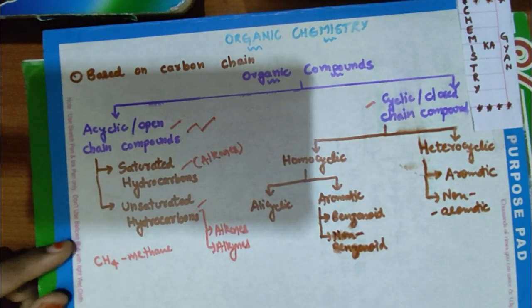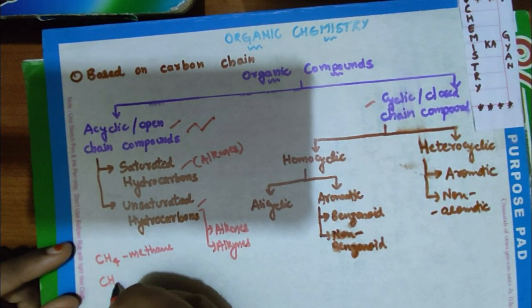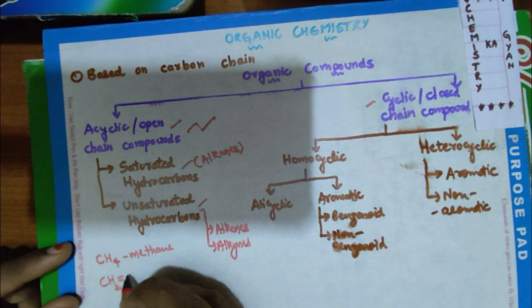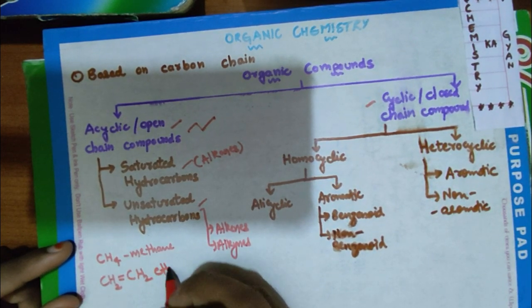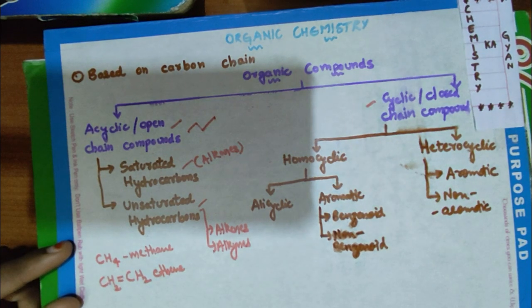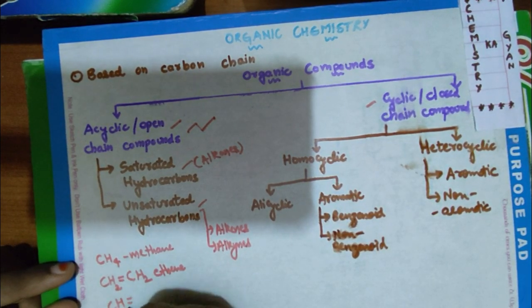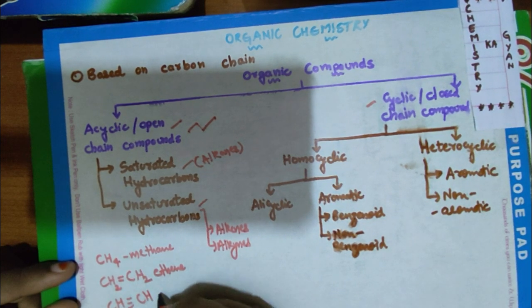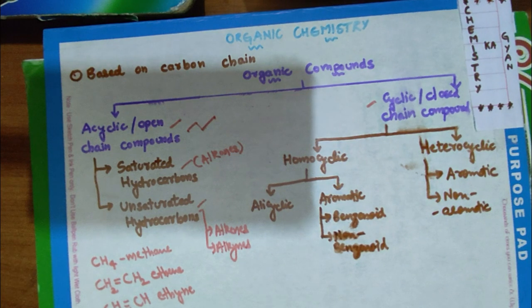An example of alkenes is ethene, CH2=CH2. An example of alkynes is ethyne, simple, unsubstituted ethyne, right?